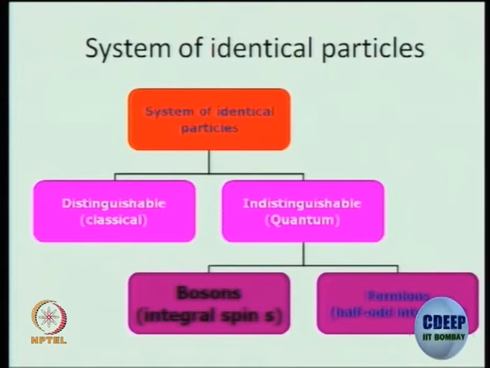This is where you need to know the formal classification, which I am sure you would have studied in your first year course. Why is it distinguishable in classical physics? Suppose I take 2 electrons, I can actually distinguish them in classical physics. What is the reason? They do not have a wave associated with them.